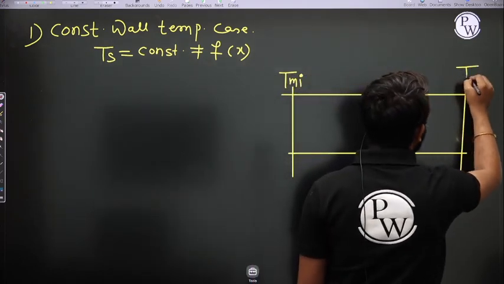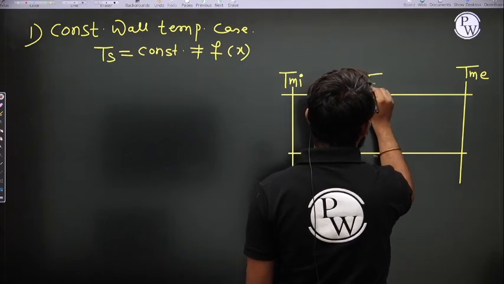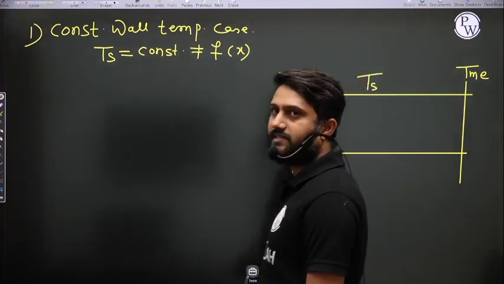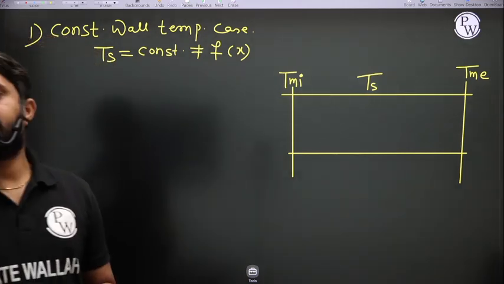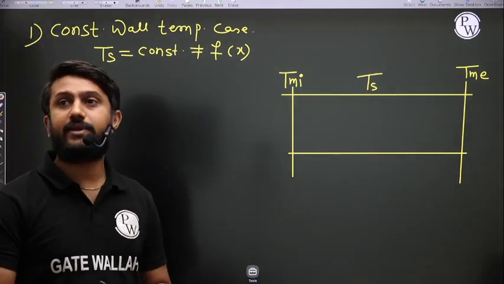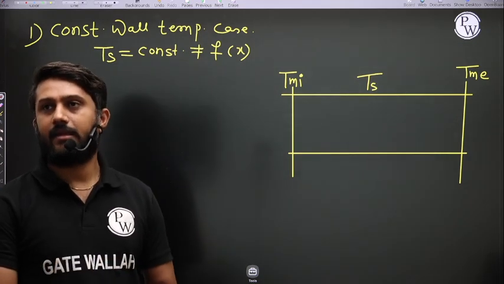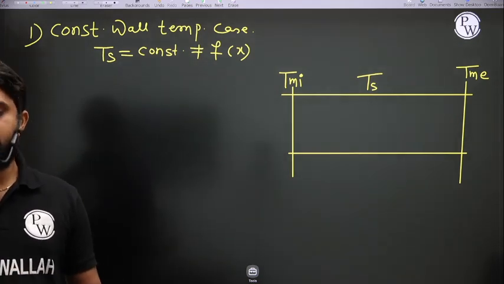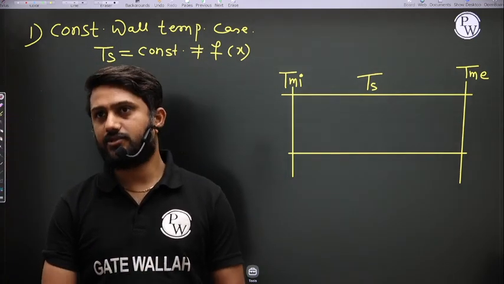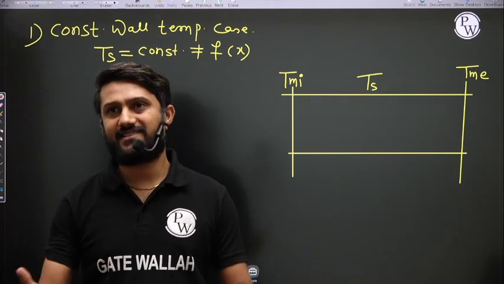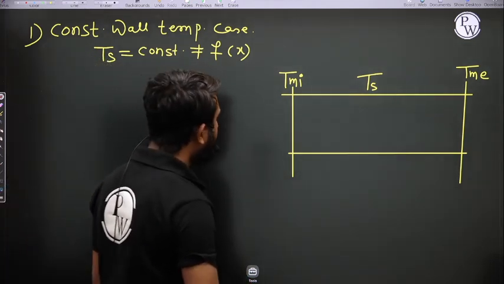T_me is the mean temperature at the exit. Ts is the surface temperature. Since we are discussing the constant wall temperature case, Ts is not a function of x. Ts is constant, right? Now see, the mean temperature is a function of x.